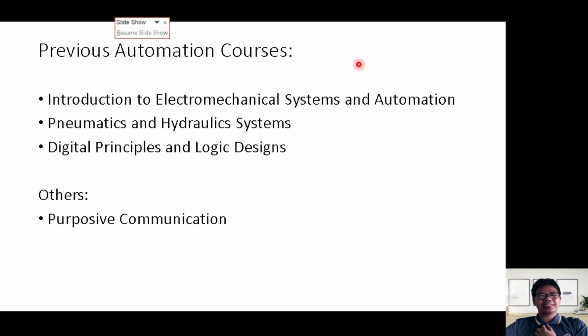Let us direct our attention to the automation courses that have laid the groundwork for our progression. These courses have endowed us with tools and insights that will undoubtedly prove indispensable as we immerse ourselves in the realm of robotics. So these are Introduction to Electrical Mechanical Systems and Automation, Pneumatics and Hydraulic Systems, Digital Principles, and Logic Designs.